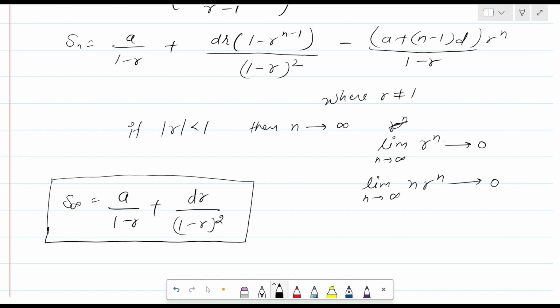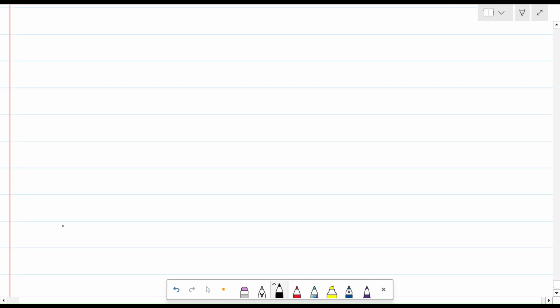Then we can find the sum of the arithmetico-geometric progression. So now we have a question, I'm writing here.